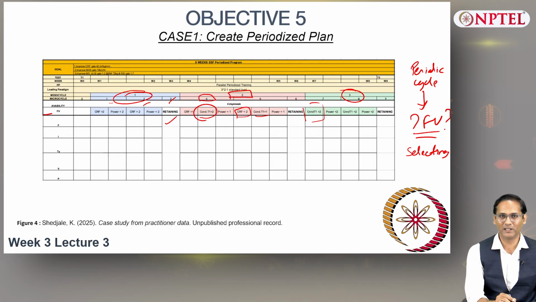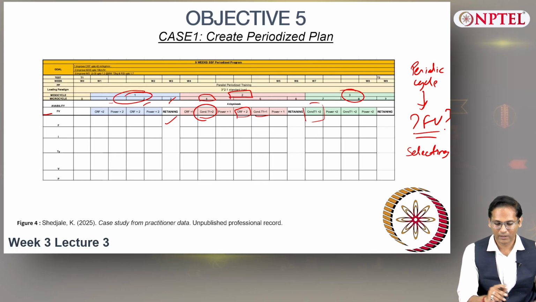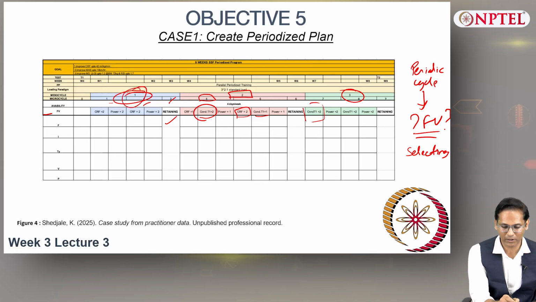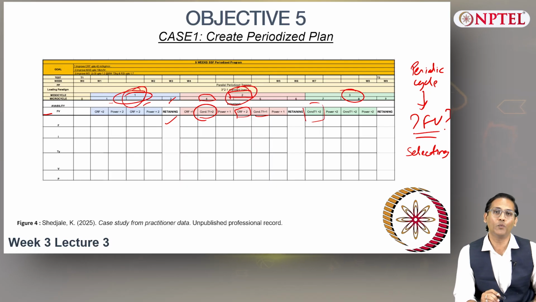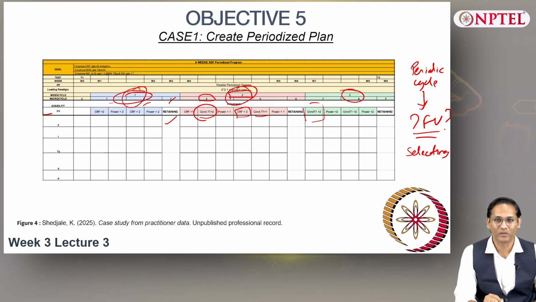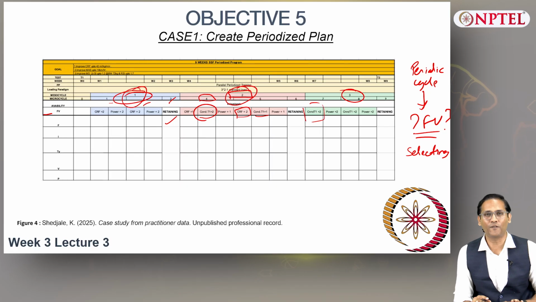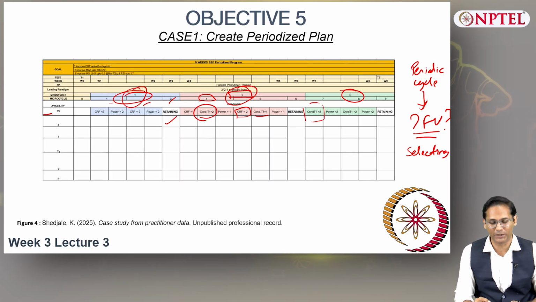So if you consider the whole picture, in mesocycle 1 there is no conditioning. In mesocycle 2 conditioning is introduced along with aerobic capacity training, and both types of fitness variable have been trained equally.